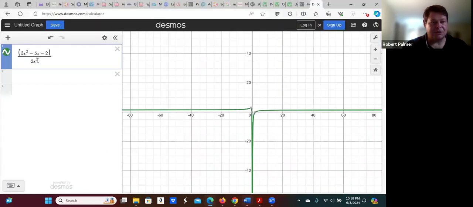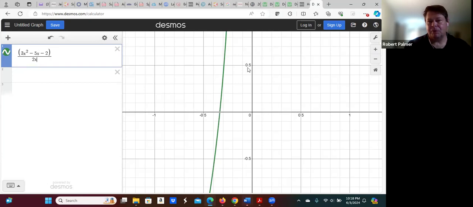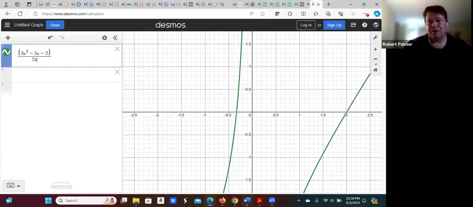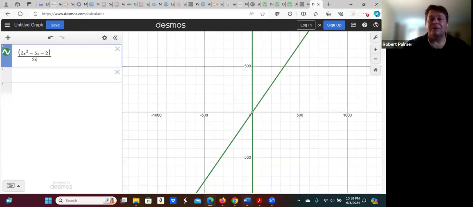Okay, so once again, just change this, make this just x. There we go. As you can see, it's going toward infinity and negative infinity.